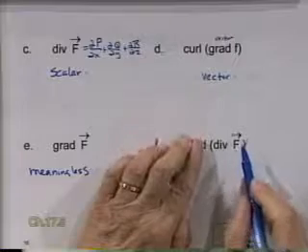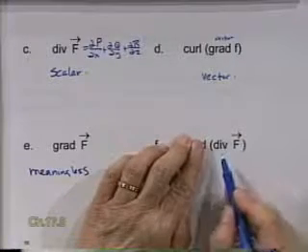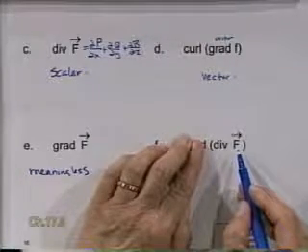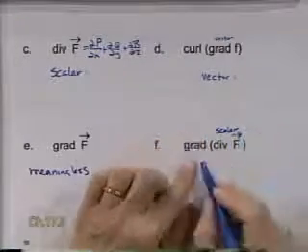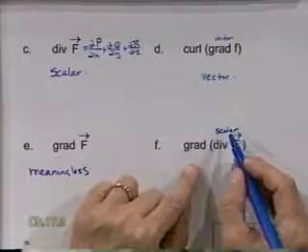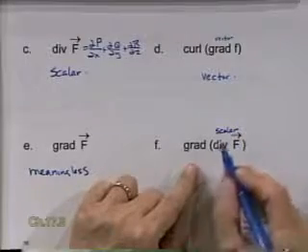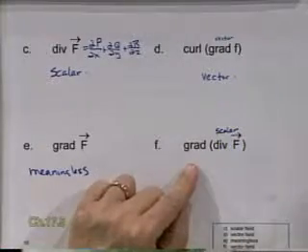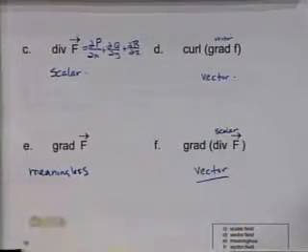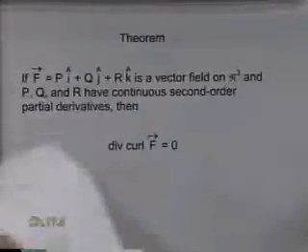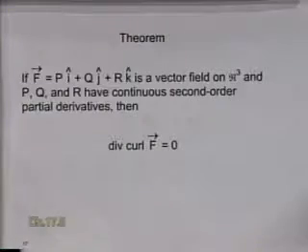When I take a vector function and I take the divergence of it, what do I get? Scalar. And can I take the gradient of a scalar? Yes, and when I take the gradient of a scalar, I produce a vector. Okay, there's multiple ones after that, but you can go through and do it just thinking through.